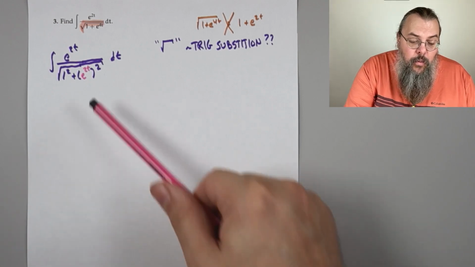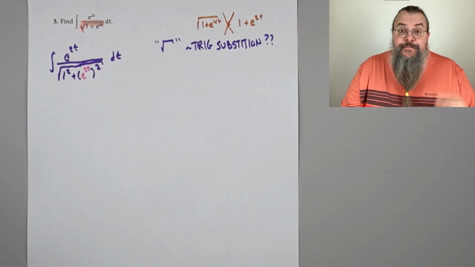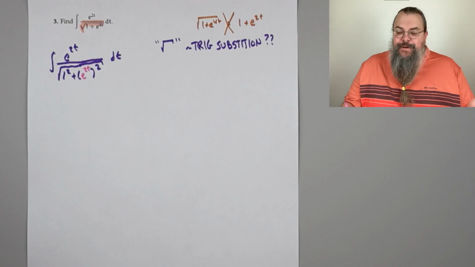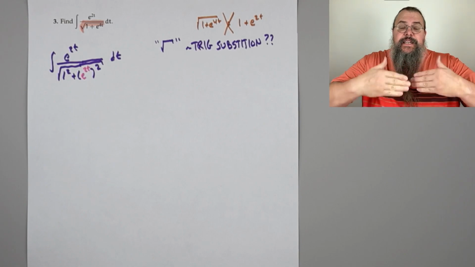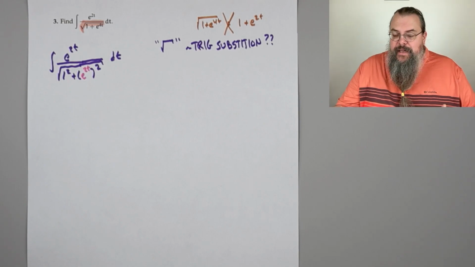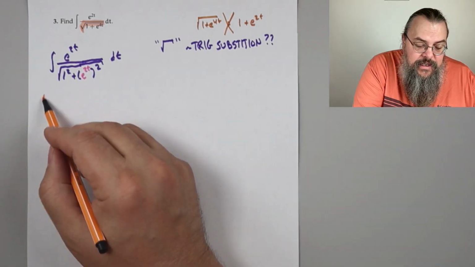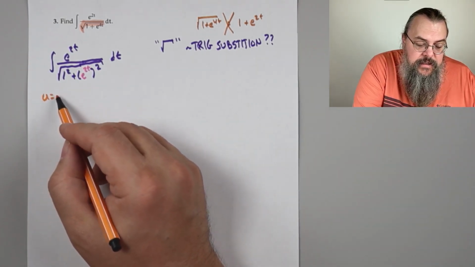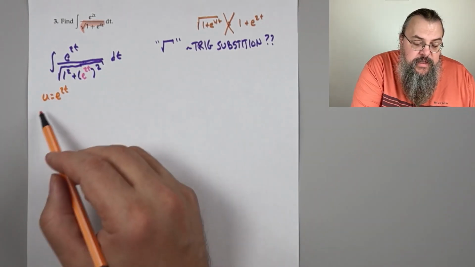And now we're like, whoa, that looks like that, e to the 2t. Because it is, right? They're both e to the 2t. So we say, okay, let's make an intermediate step. And let's just, for right now, let's call u equals e to the 2t. Then what's du?